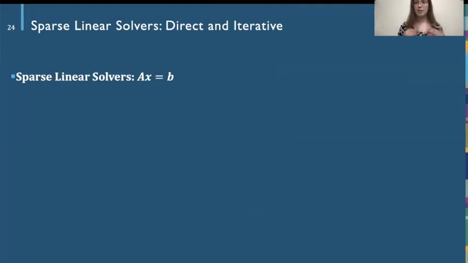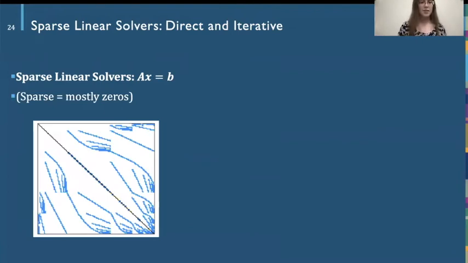I personally do my research in sparse linear solvers and numerical linear algebra, and I have worked with many matrices where the number of non-zero elements is less than 1% of the total number of elements. Sparse means they're mostly zeros. Here's a quick example of what a sparse matrix might look like. The colored elements are non-zero, and everything else in the matrix is a zero.